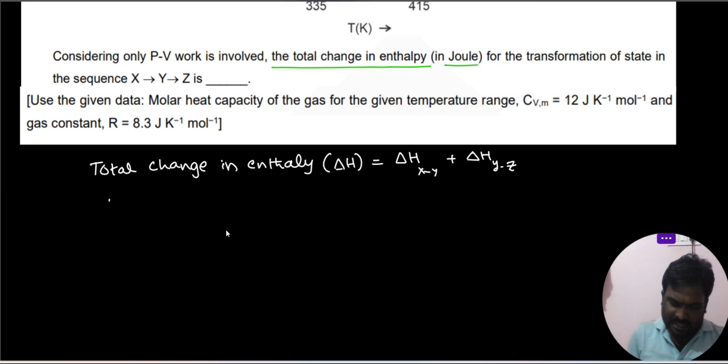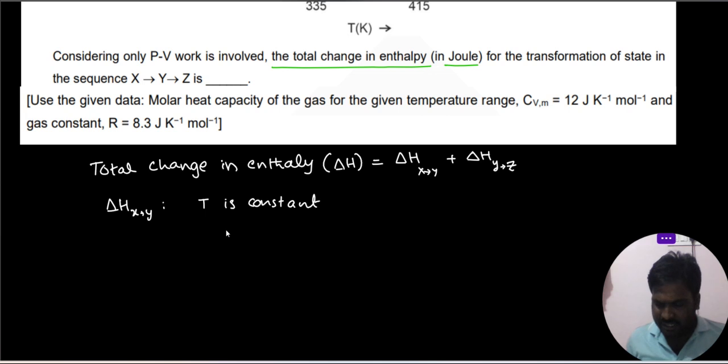Now for X to Y, temperature is constant, so it is an isothermal process. Temperature is constant, so delta H for X to Y is 0.